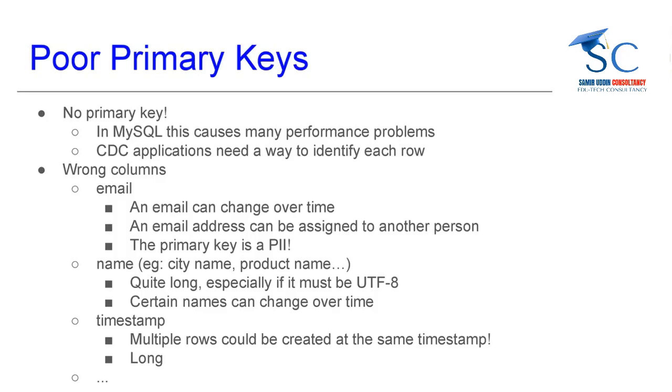And also it is a quite long column. The length depends on whether it includes, for example, fractional seconds or not. But anyway, probably you could use a smaller type instead, like a 4-byte integer, or even, if you prefer, an 8-byte integer.